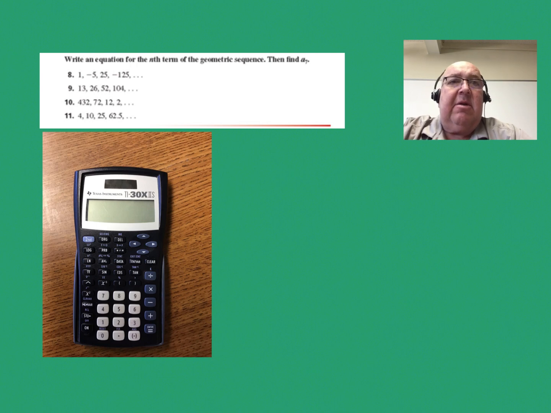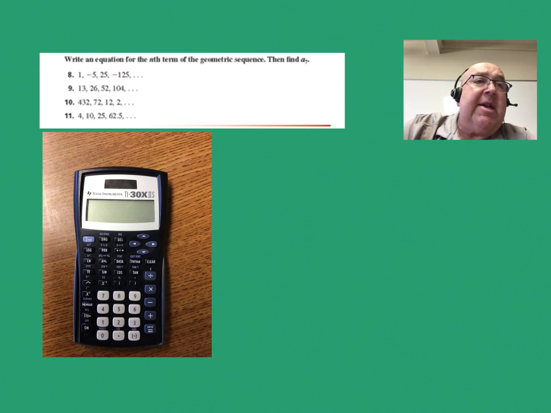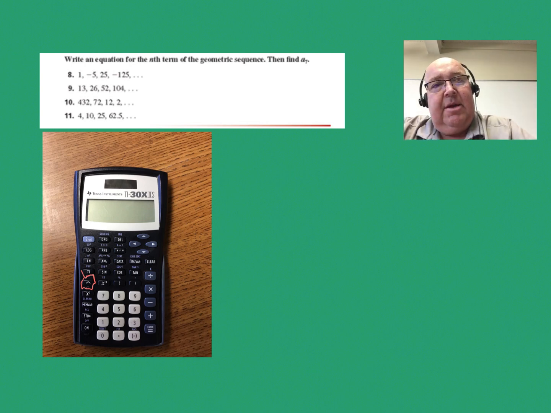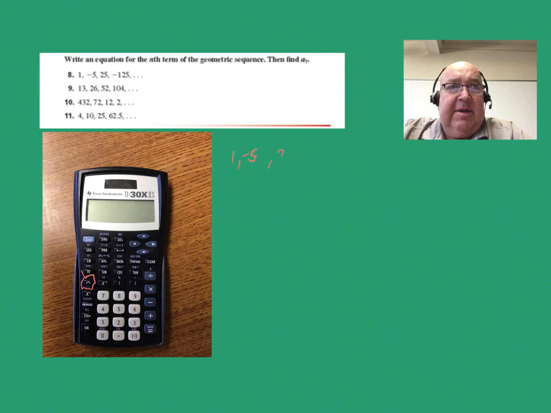Alright, so here let's write an equation for the nth term of the geometric sequence and then find term number 7. So again, we're going to use our calculator, and that will be our exponent button. So term 1, -5, 25, -125. So we know it's multiplying by -5.